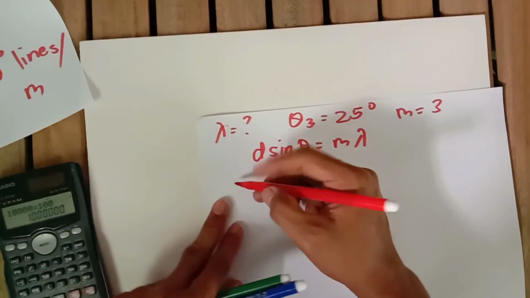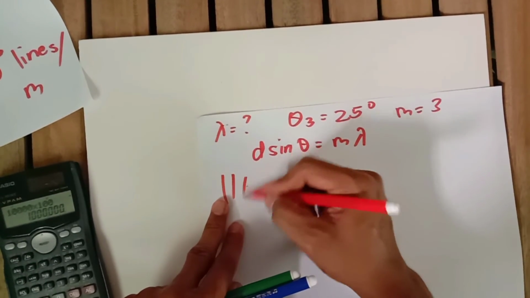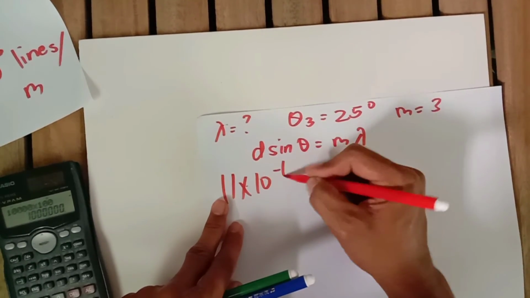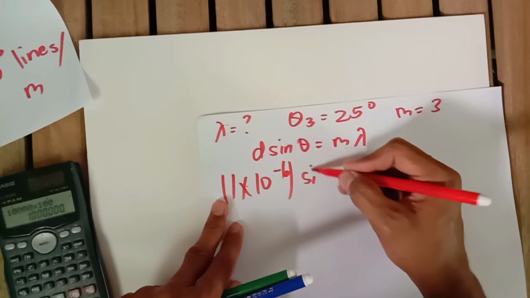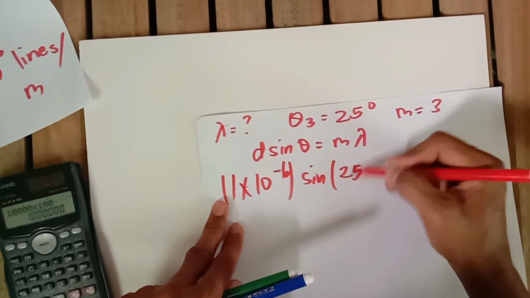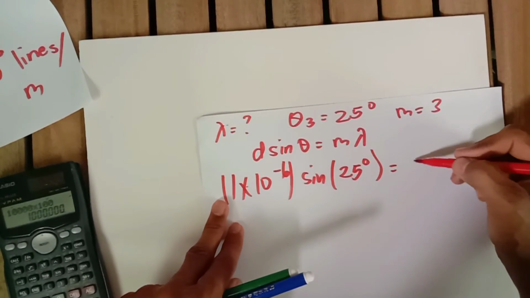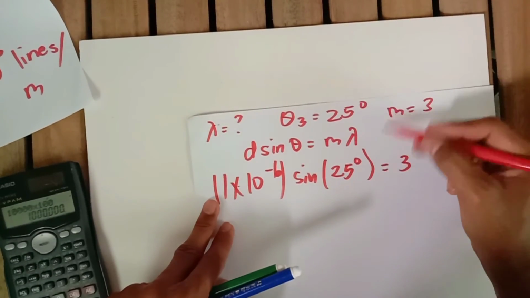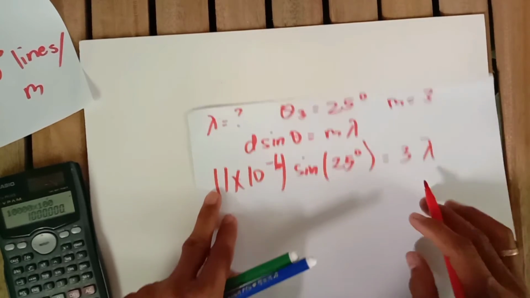Our d is 1 times 10 raised to negative 6, sine of theta 3, which is 25 degrees, equals 3 times our wavelength lambda.